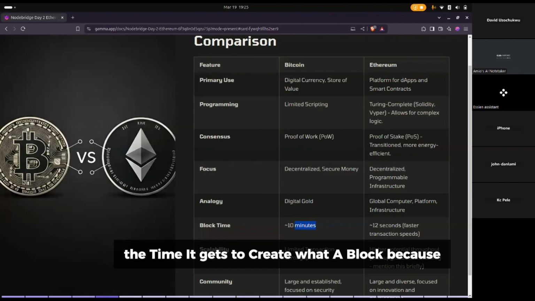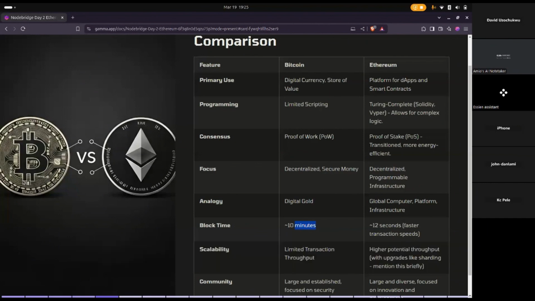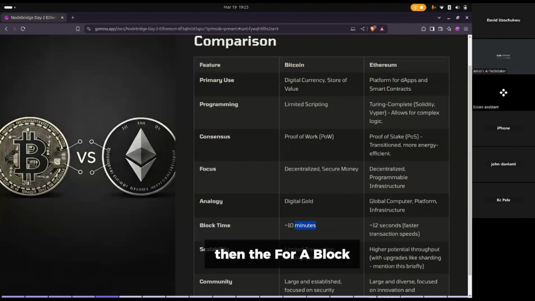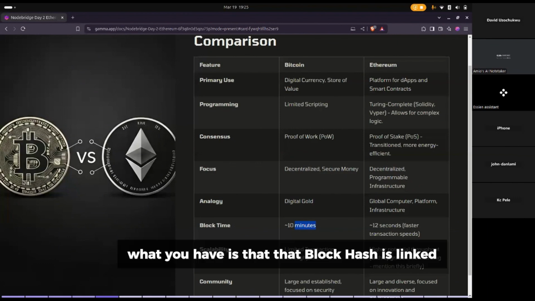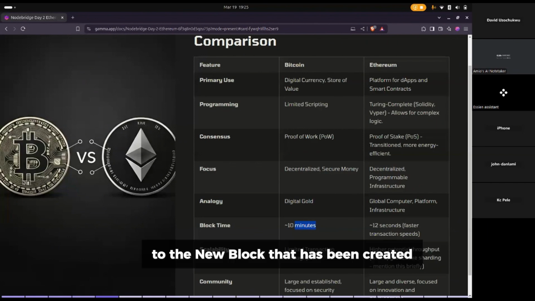So on the blockchain, what this is saying is the time it takes to create a block. The reason we have the term blockchain is that a block has the transactions which have been done. Then the block hash is linked to the new block that is being created.